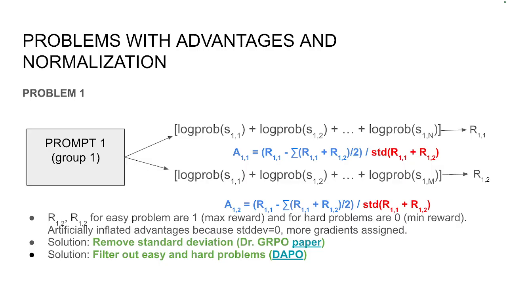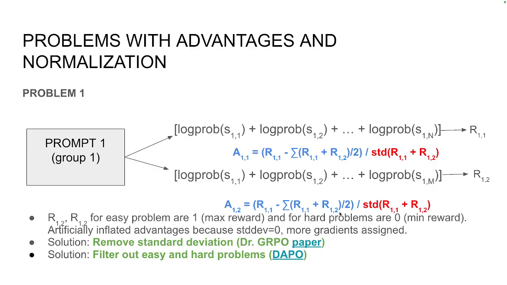Or if it is a very hard problem, the model will get a lot of gradients for those tokens, even if the model couldn't solve the question. And this can also pollute the gradients for the rest of the sequences in your batch, which have a reward between min and max.